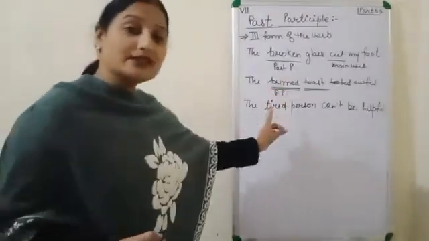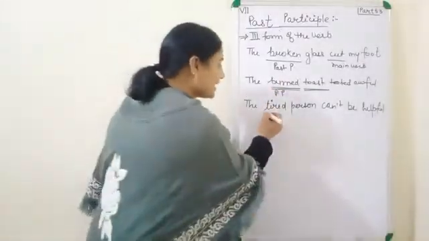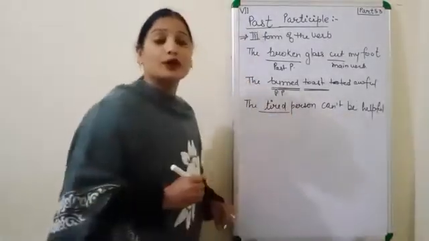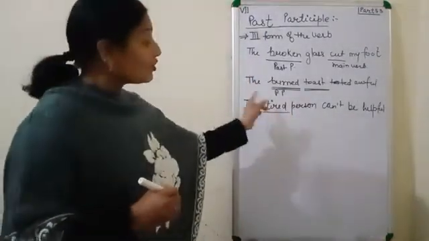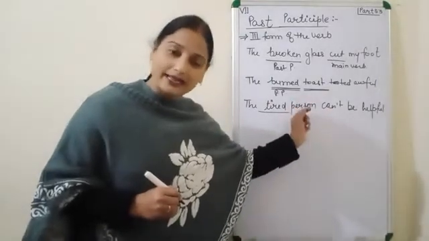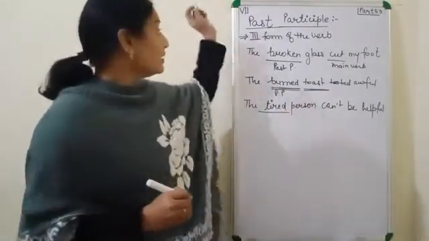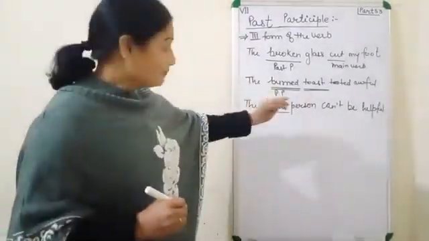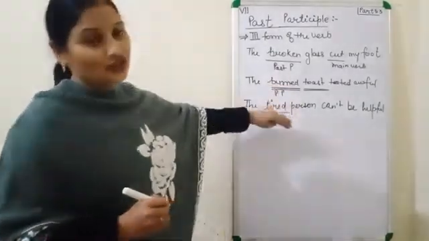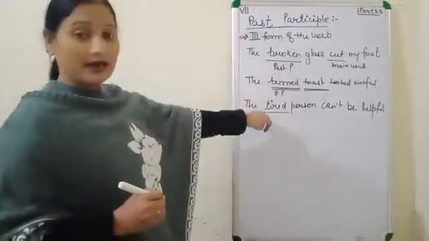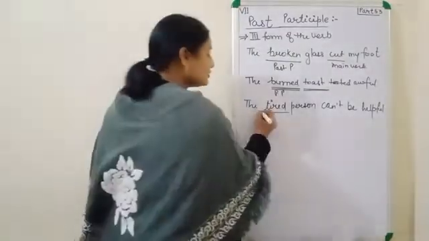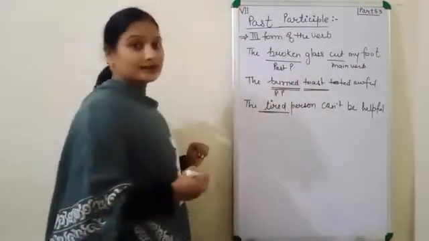The person is tired. So on one side, we feel that it is a verb, but actually this is qualifying our noun, and hence it is called the participle. And if it is in the third form, then it is called the past participle. Okay, so this is all about the past participle.